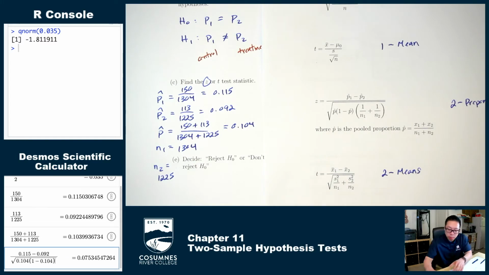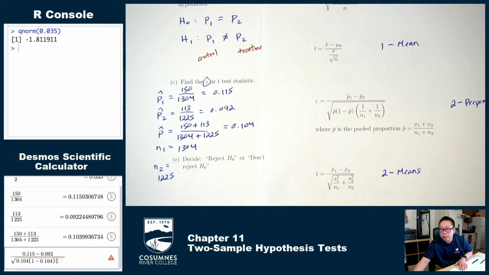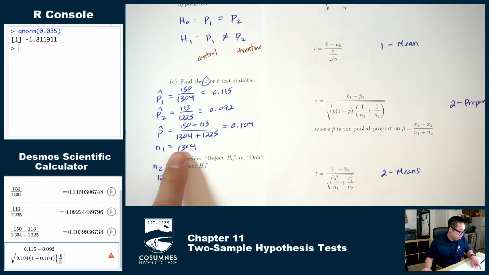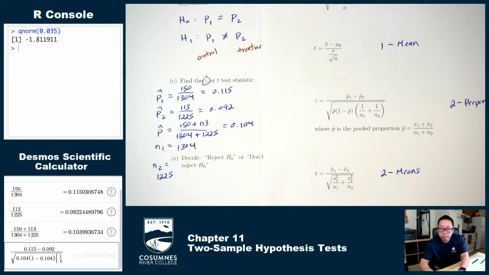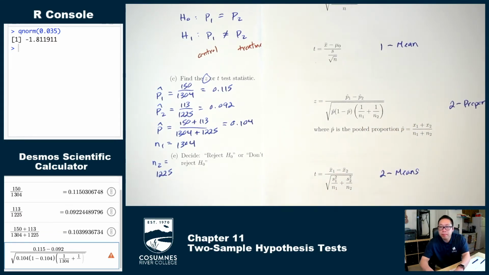Okay, open another parentheses, and it's going to be a fraction, 1 over n1, and that's going to be 1 over 1304, plus another fraction, 1 over n2, so 1 over 1225.